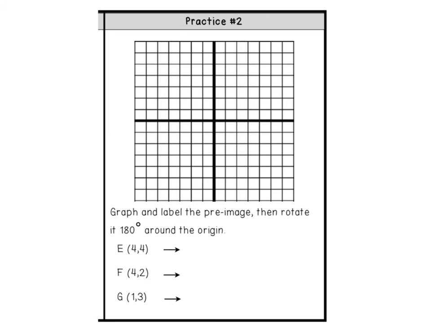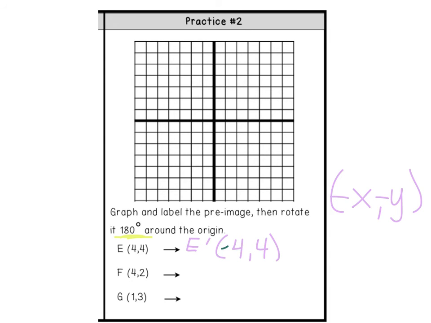Okay, moving on to practice 2, we're going to do the 180. And I like doing the 180s because all you do is keep the X and Y the same way it is, and you make both of them the opposite. So E prime, we keep our X and Y, and we make them the opposite.